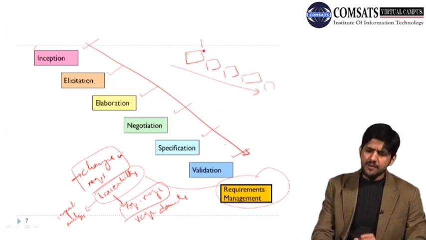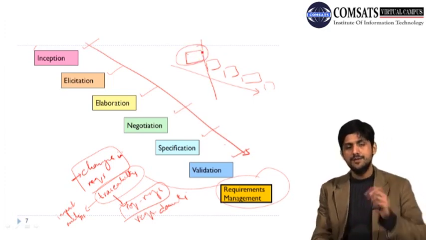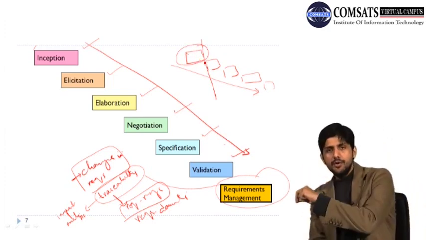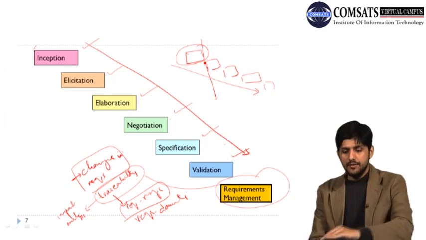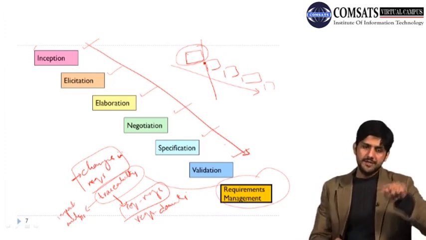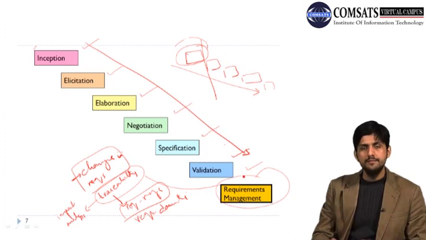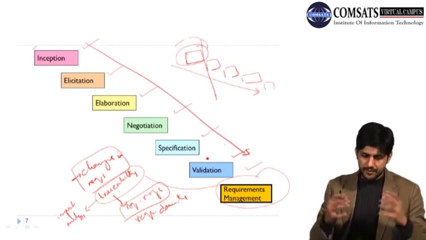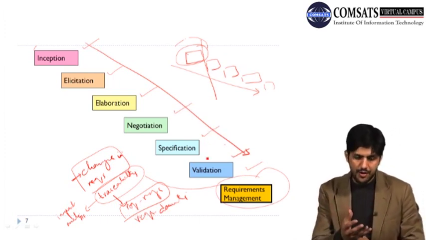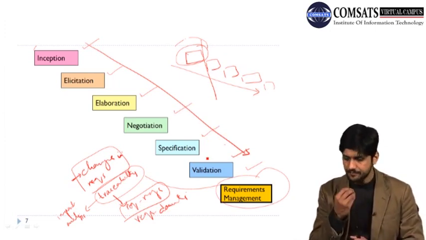If you just had to do analysis once, and based on that analysis you designed and then implemented and tested and then deployed, then that would be perfect. Then you wouldn't need requirement management, but that is not the case. And we know that requirements change a lot, so we need this requirement management. And so this is our discussion on the sub-processes of software requirements engineering.